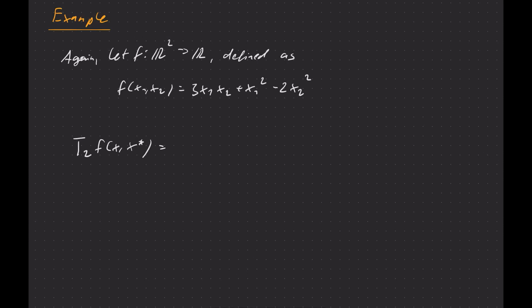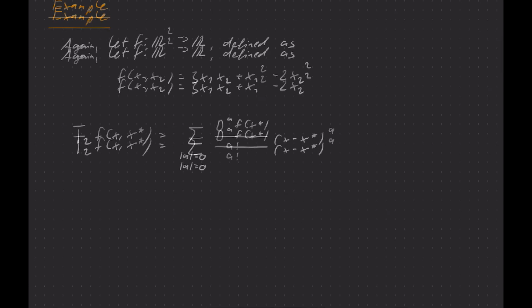So that means we'll sum up over all possible vectors a in N_0 to the power 2, where the sum of the entries is less or equal to 2. So it can be 0, it can be 1, or it can be 2. Okay, let's treat these cases differently. So first we have the sum where the absolute value of a is equal to 0 of D^a f at x star over a factorial times (x minus x star) to the power of a.